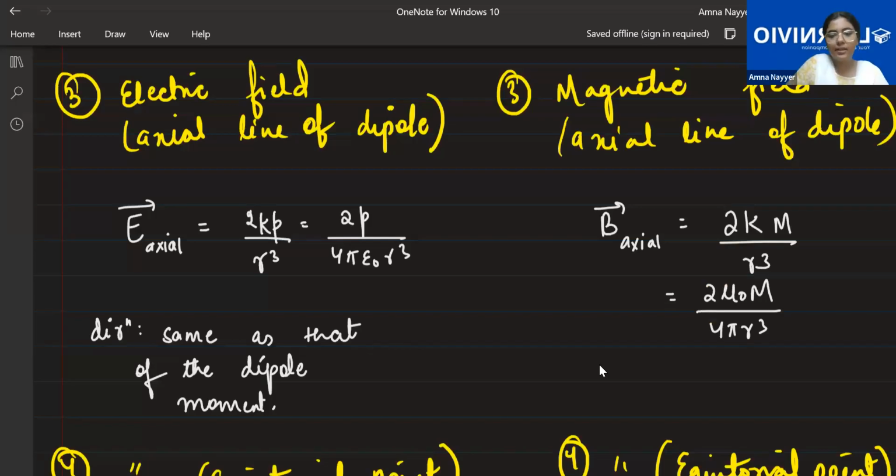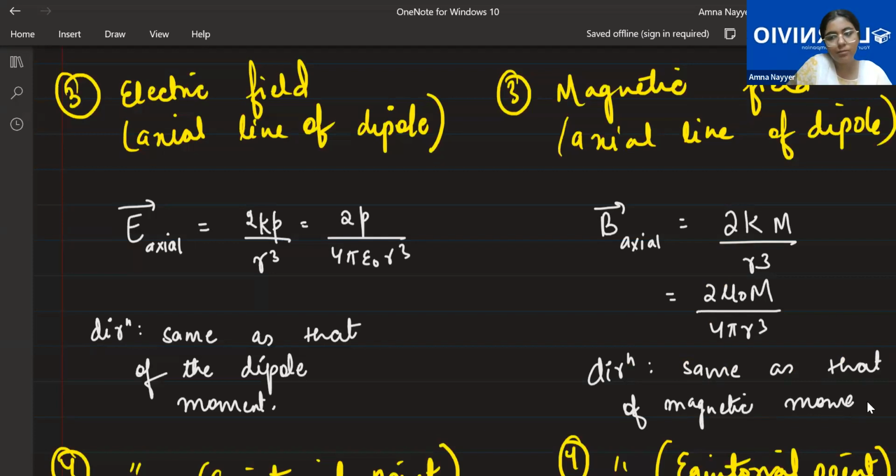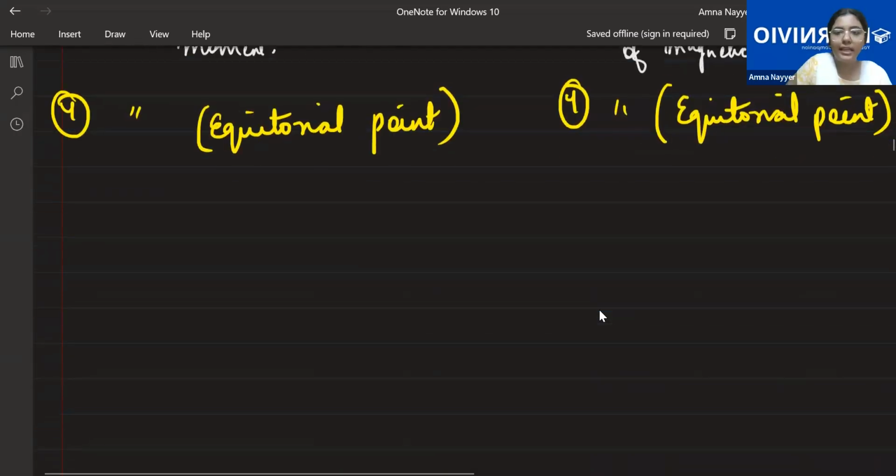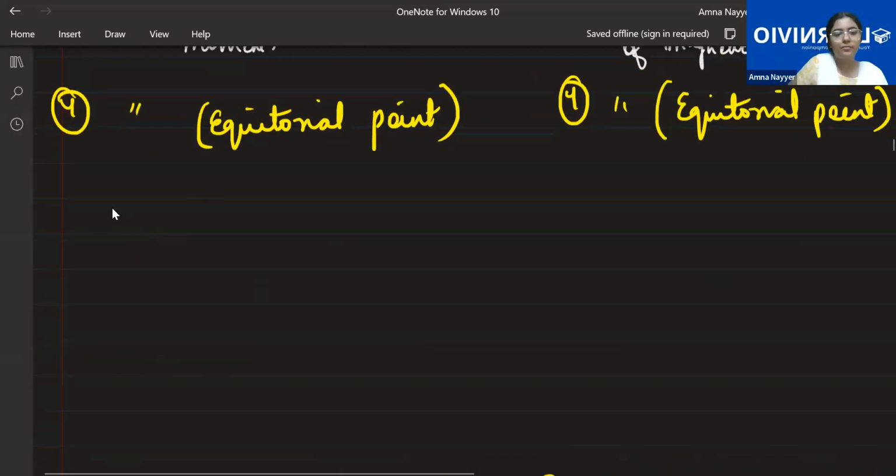Same thing when we are talking about the direction: same as that of the magnetic moment. Got it? Yes, ma'am. Now tell me for the equatorial point.